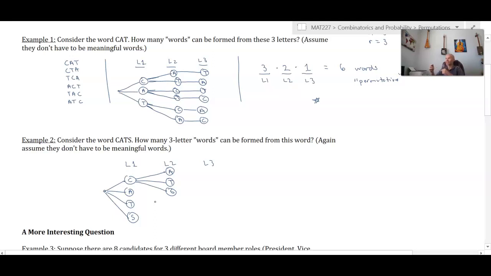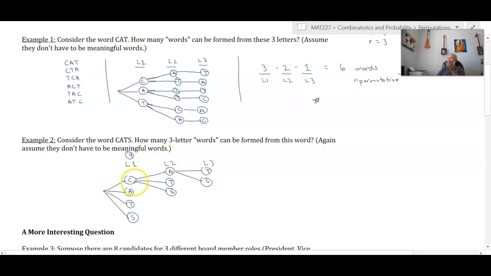And remember how I said in example 1, sometimes we just start off by listing a tree diagram to get a visualization, and then we let something like this do the computation for us. So if C and A were selected for the first 2 letters, then only T and S are available for that 3rd letter. So notice that we have 4 possibilities here.